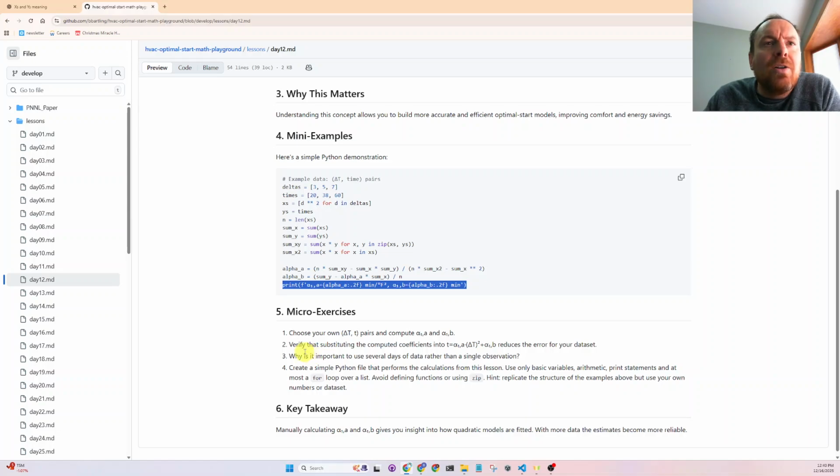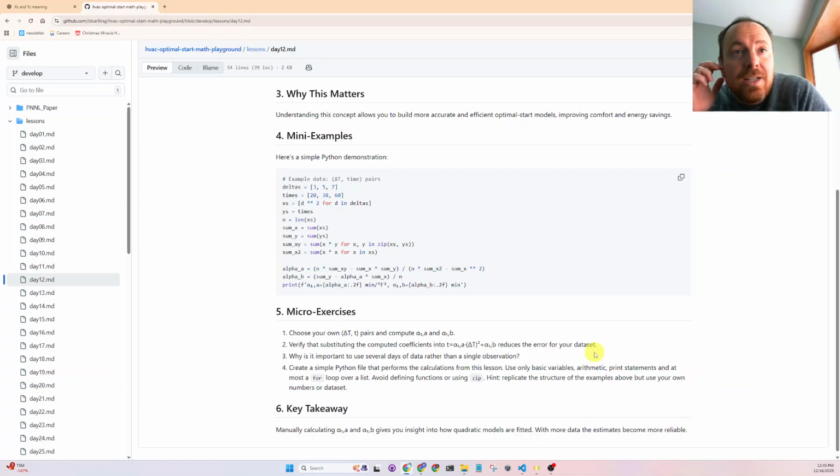So day 12, choose your own delta t pairs and compute x. Okay, so we did that. Verify that substituting the computed coefficients reduces the error in your data set.